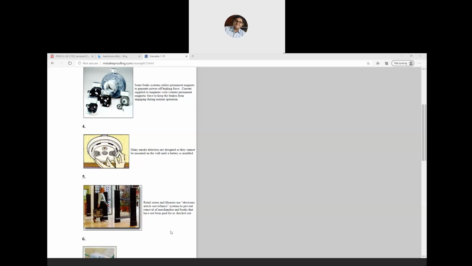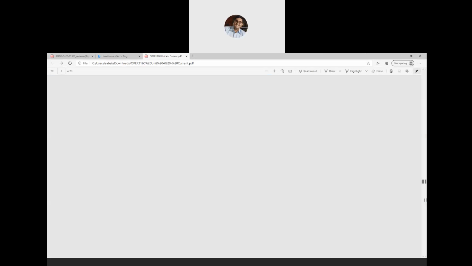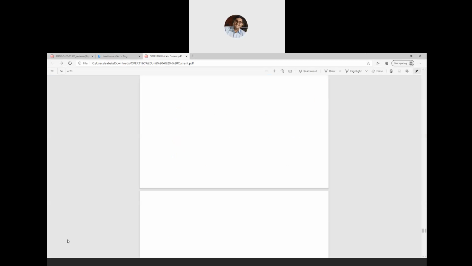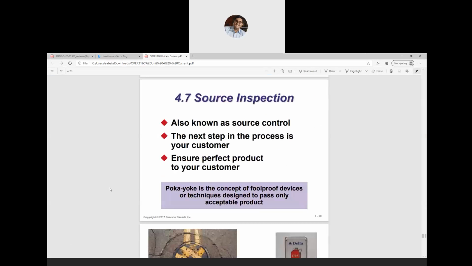The same is the way with the anti-theft devices kept in, say, Walmart. If you purchase something and you haven't paid for that particular thing, and you try to leave the shop, it will start making sound. So these are examples of poka-yokes to ensure that quality is practiced at each stage of the process. There are multiple other examples as well.